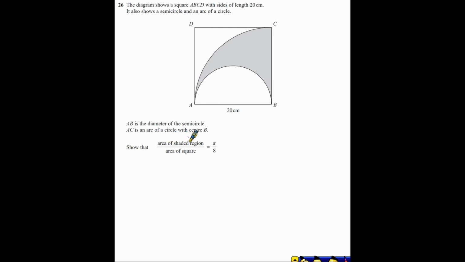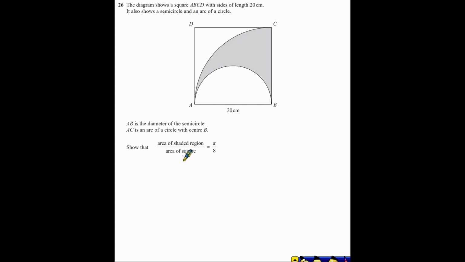AC is an arc of a circle with centre B. So in effect, this curve here from A to C is part of a circle, and the centre of that circle is at B. In other words, it's a quarter of a circle, because we know B is 90 degrees within the square. It says show that area of shaded region divided by the area of the square equals pi over 8. Okay, there are several things we need to do here.